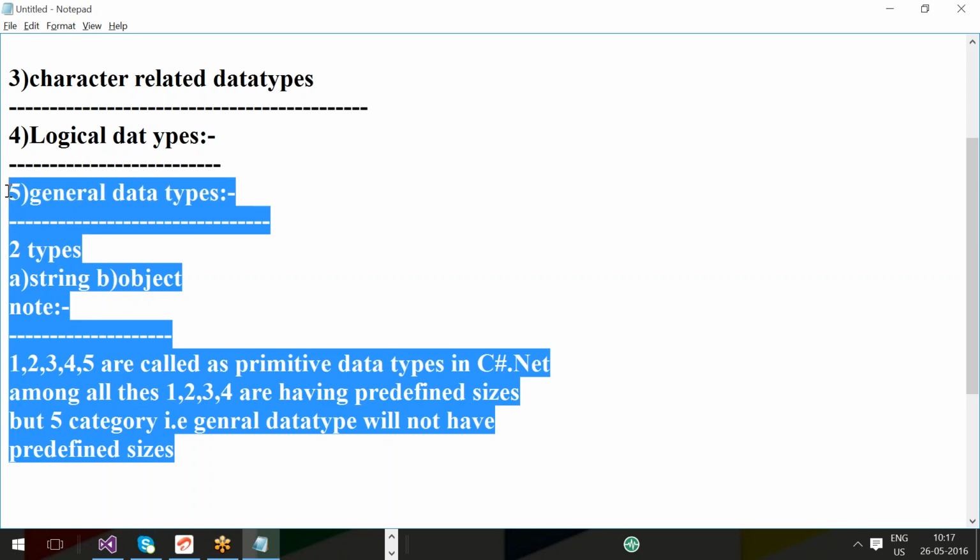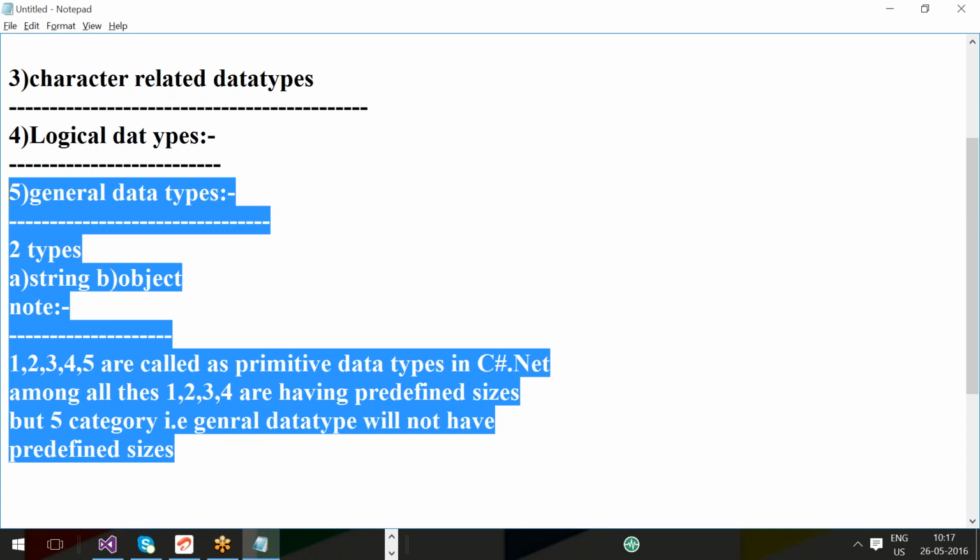Repeat. Now, Shravan, come on, tell me, what is this? One, two, three, four, five. All these data types are called primitive data types in C#.NET.